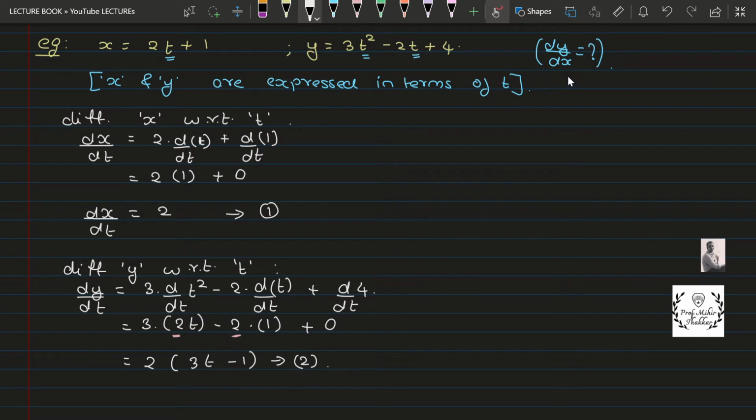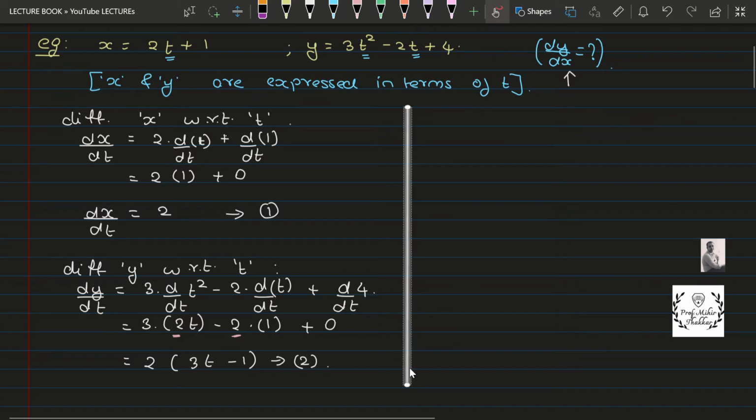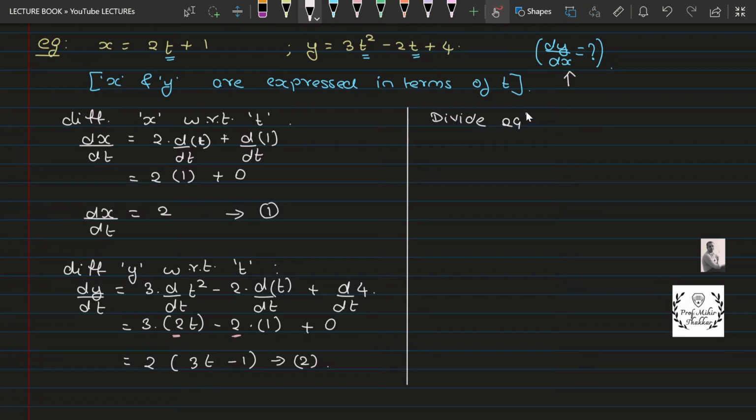Now what is the question? It is asking us to find the value of dy by dx. So in order to find dy by dx, we divide equation 2 by equation 1.